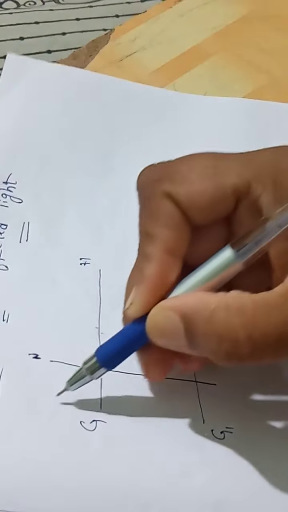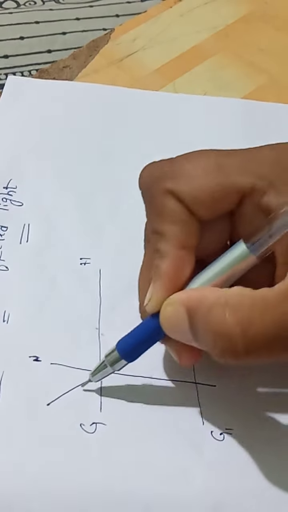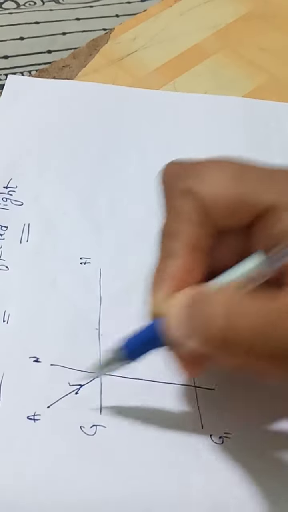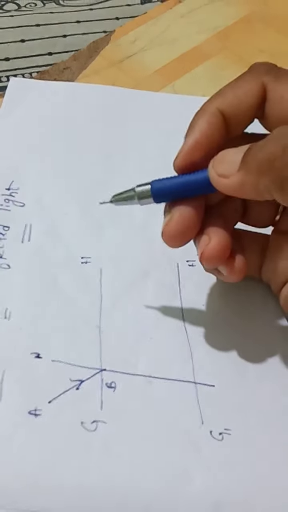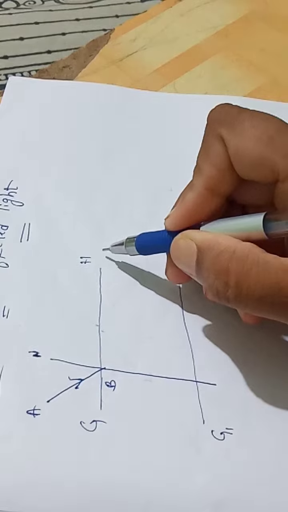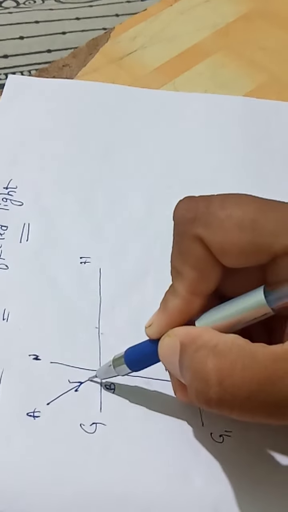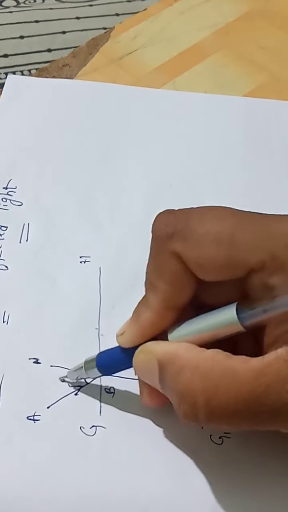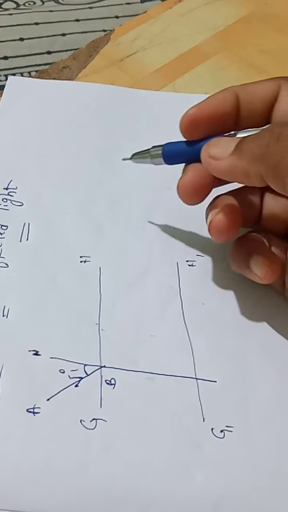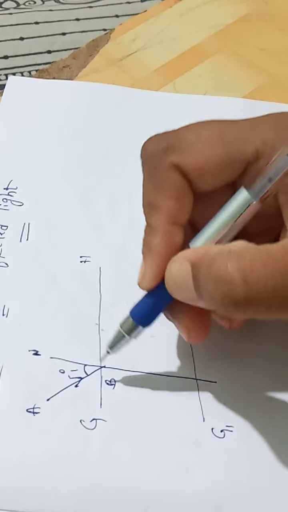Now this is the normal drawn. This is the incident ray AB, incident on the upper surface GH. The angle between the incident ray and the normal drawn, we call the angle of incidence.